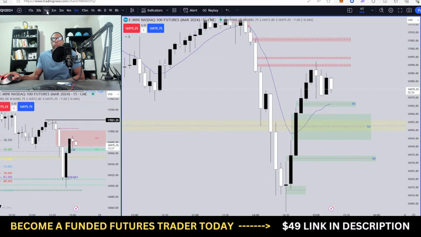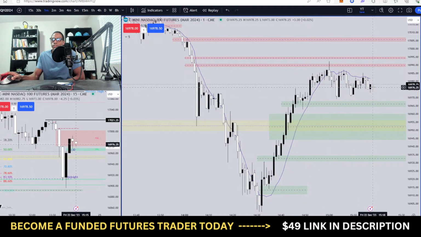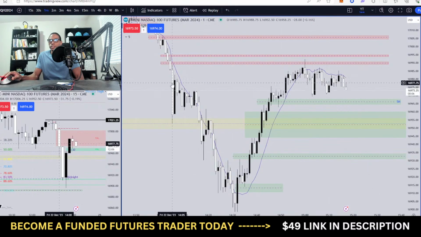So let's just give it some time to see what it does. You drop down to the 1 minute, see if there's. Oh wow. Okay, so we've been stuck here pretty much for 30 minutes. Good news is that a consolidation area when it was on its move down, an area where it consolidated and then continued.